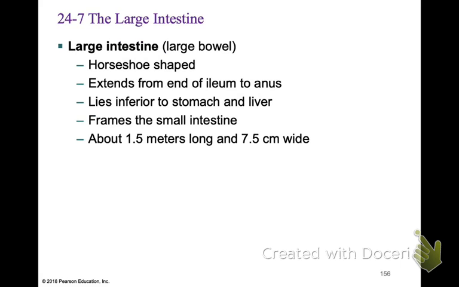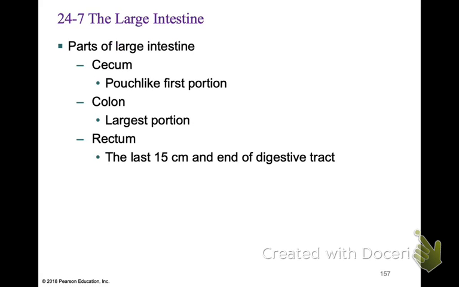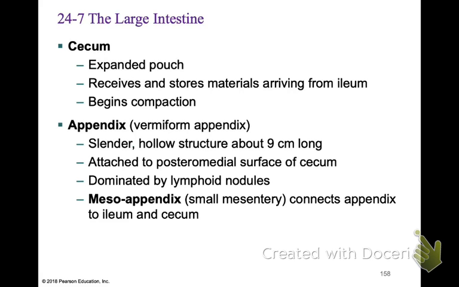And the large intestine is divided into regions, the cecum, the colon, and the rectum. And the cecum is sort of a little blind pouch that just receives the stuff coming from the ileum through the ileocecal valve. And at its inferior end is the appendix. It's called vermiform. Vermiform just means worm-shaped. And the appendix is actually part of your immune system.